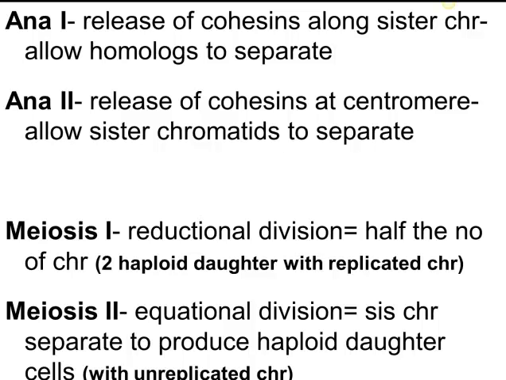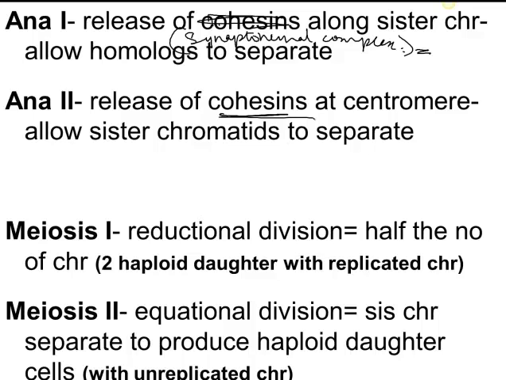In anaphase 1 and anaphase 2, the release of cohesin along, no, not cohesins, please, I want to correct this, synaptonemal complex. Sometimes they specially name this as synaptonemal complex, sometimes they call it cohesins. So I just want you to understand that there are 2 different things taking place and 2 different regions of the chromosome complex that are being cut. Okay, in anaphase 2, cohesins at the centromere allow the sister chromatids to separate.